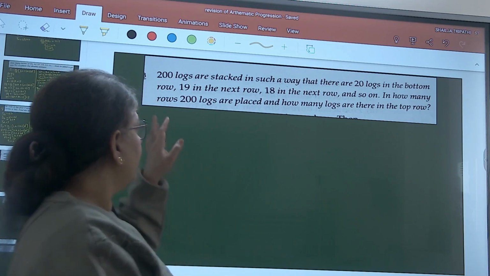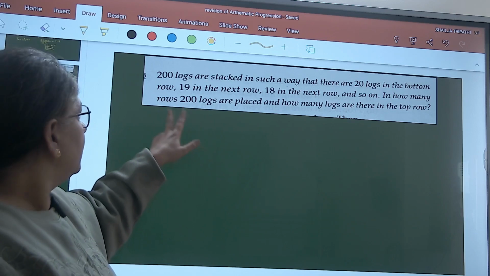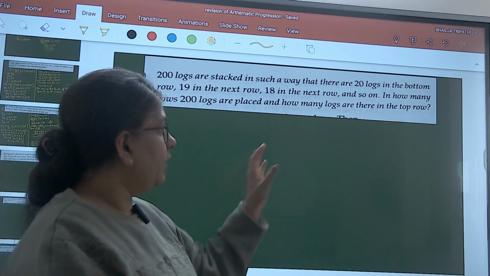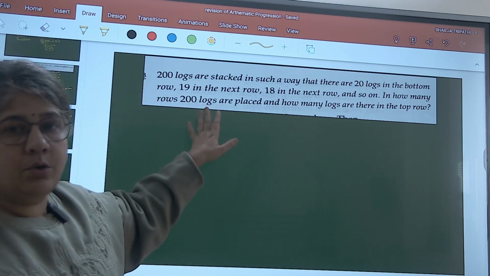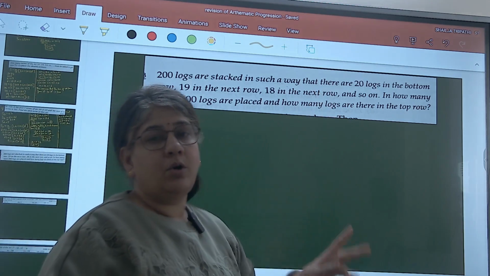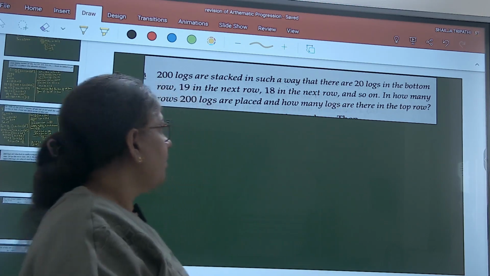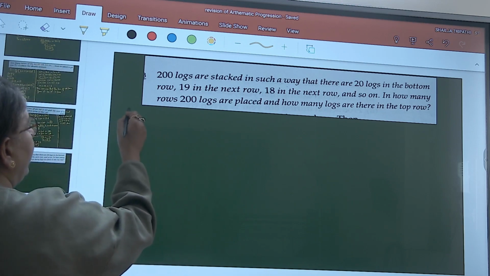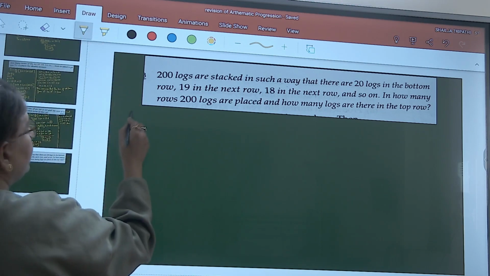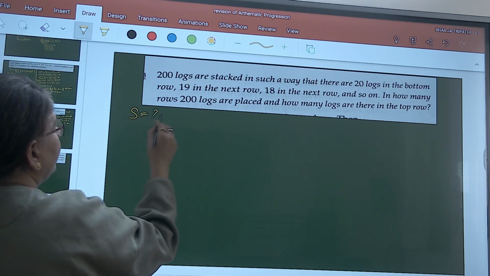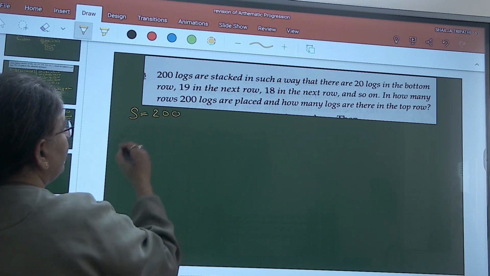So this question has two parts. See, first we have to find how many rows will be required to arrange these 200 logs. Then how many logs are on the top row? We have to find that. So let's see. See here, S is given, that is sum of all the logs is 200. This value is given.